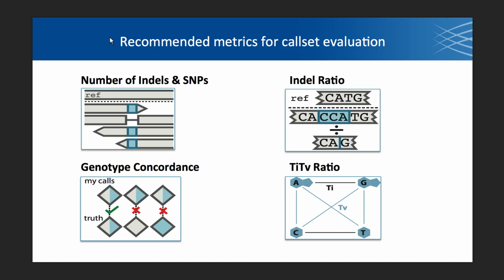If you didn't know anything, you would think there are more transversions than transitions, right? There are twice as many possible changes that are transversions as transitions. Even so, the Ti/Tv ratio, meaning Ti divided by Tv, is higher than 2 in good call sets in humans. So there are a lot more transitions going on.